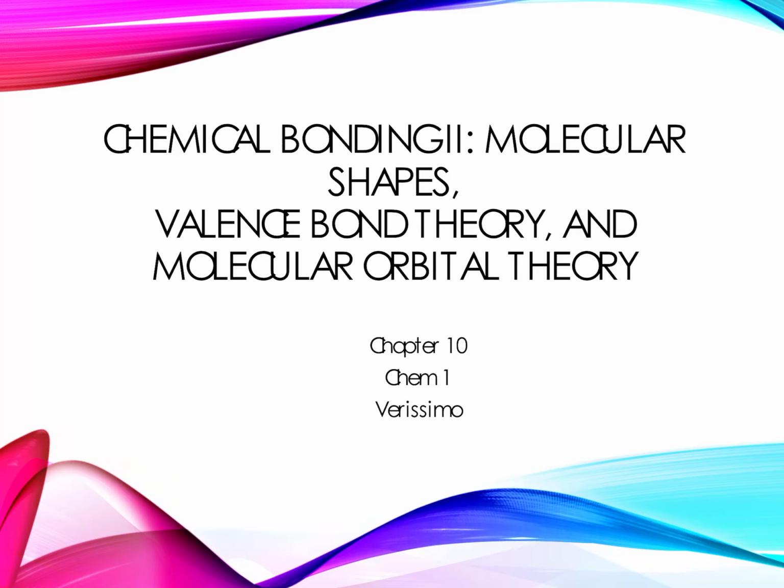We're going to learn how to show the sigma bonds that overlap, and then the pi bonds, above and below the plane, as well as in front and behind the plane, if we need to, for those triple bonds. That's a little bit tricky to show in pictures, but that is the plan for today.